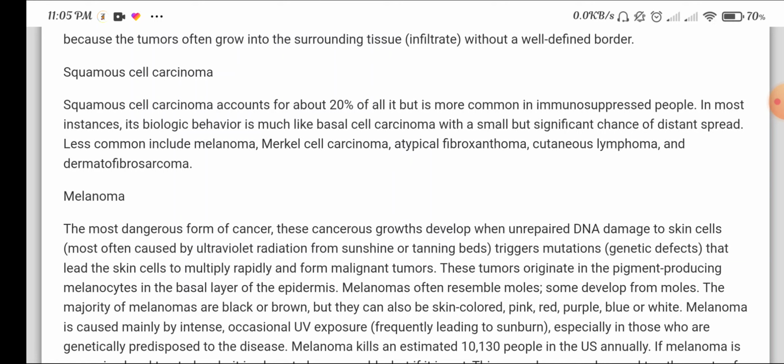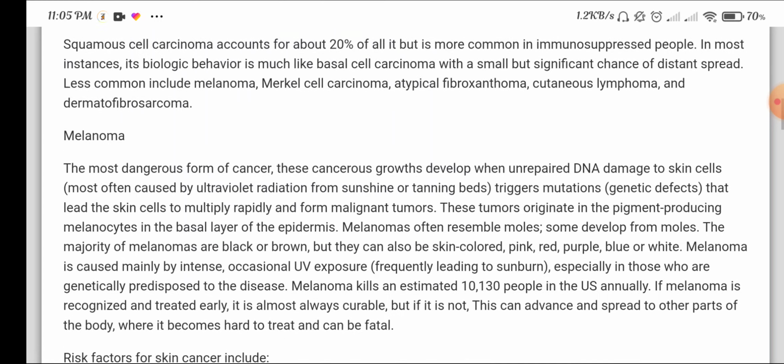Less common types include Merkel cell carcinoma, atypical fibroxanthoma, carcinoids, lymphoma, and dermatofibrosarcoma.